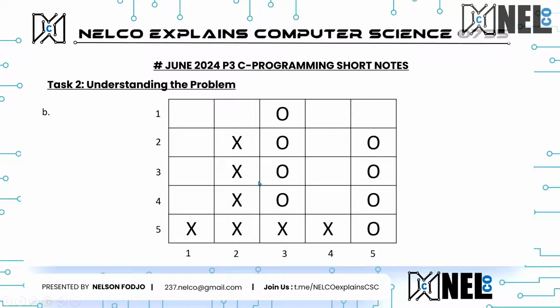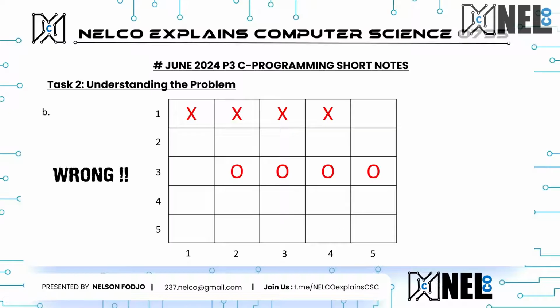As you can see, this is how the winning alignments are supposed to be positioned. Character X represents player 1 and character O represents player 2. Now these are wrong alignments. Putting your characters just anywhere in space is extremely wrong, because the instructions told us that when a character plays, it goes to the lowest empty cell in the column.